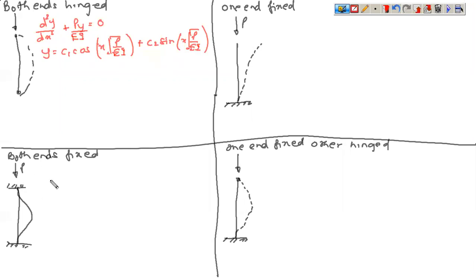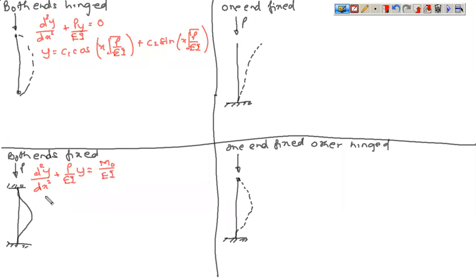If you look at this end, you had d2y by dx2 plus P by EI into y is equal to M naught by EI.